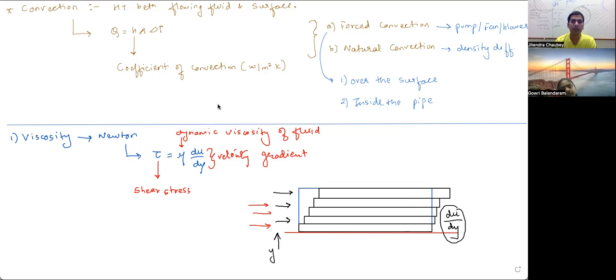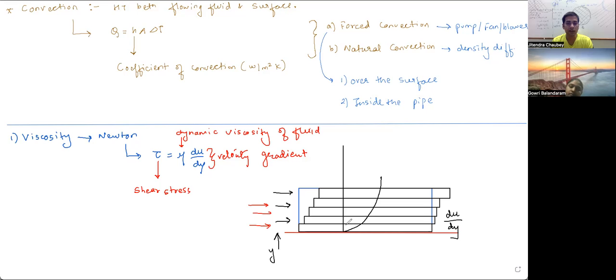So there are many types of fluid. The fluid which has a direct relationship between velocity and thickness is called a Newtonian fluid. And when you draw a vertical line and join all these layers with their respective velocities, a curve forms.